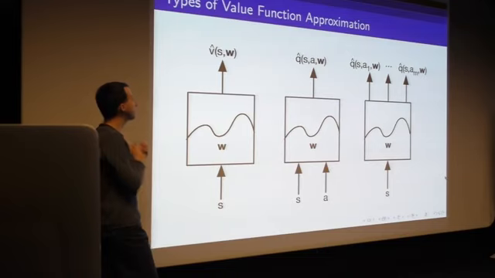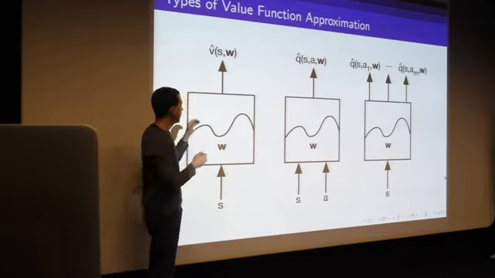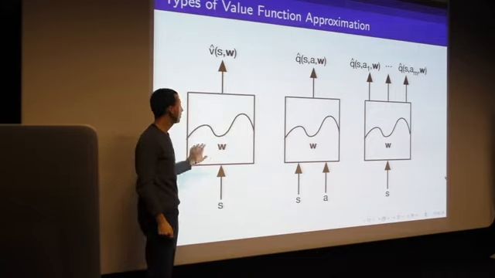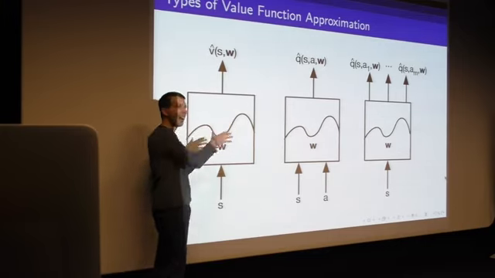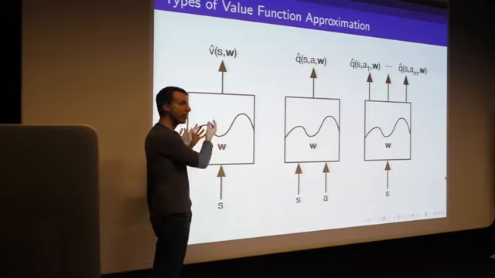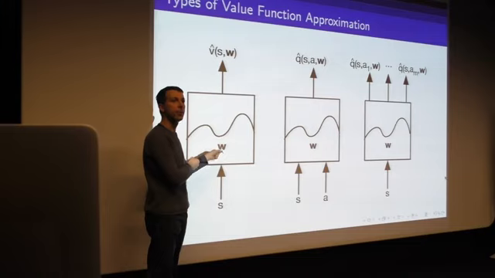Okay, and the idea is, if we're just trying to do state value function approximation, you've got this black box here, you feed in your state here, you've got something like a neural network. This wiggly line is supposed to represent the fact that there's some internal function that this thing is trying to fit and represent, using some internal parameter vector w.